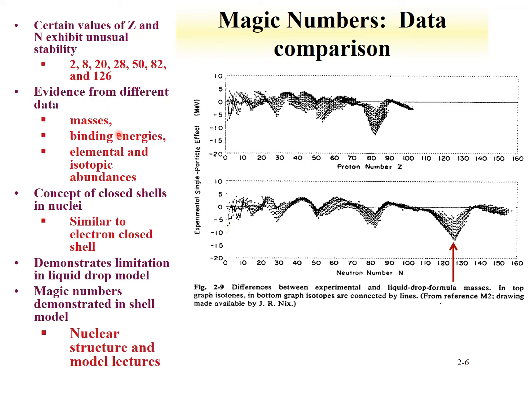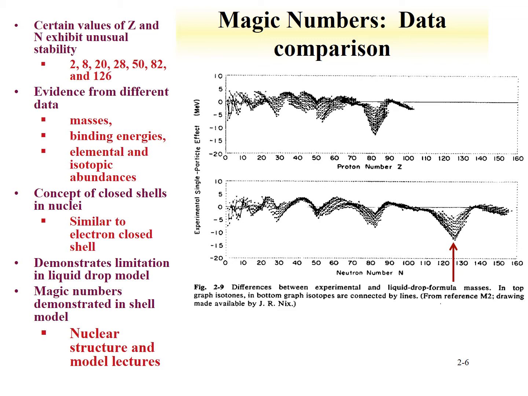So we get unusual stability exhibited with 2, 8, 20, 28, 50, 82, 126. We're going to see that these are magic numbers. These are numbers where nucleons, when they fill to those levels, both protons and neutrons, incur stability within the nucleus.